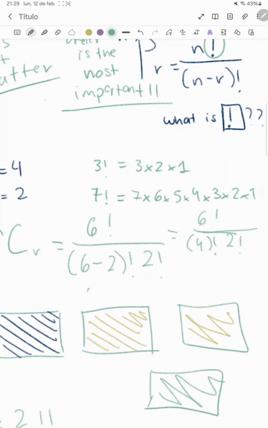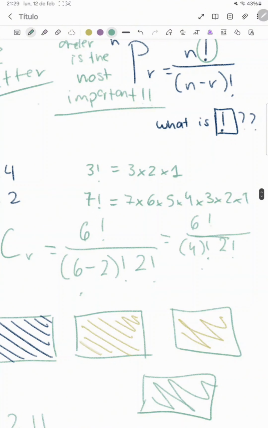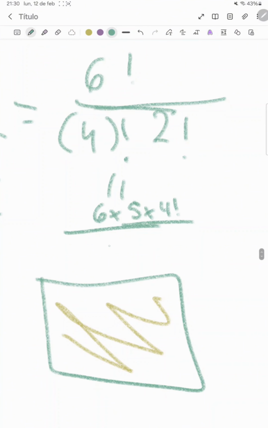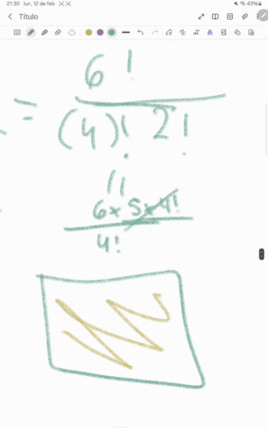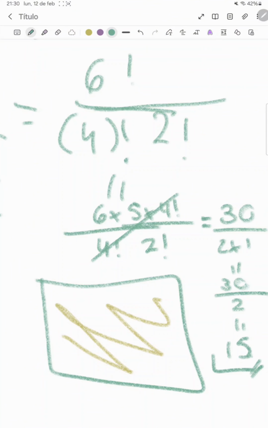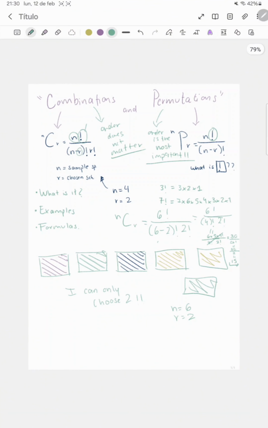To solve this, we basically go 6 times 5 times 4 factorial, and then we have this 4 factorial in the denominator. These two cancel each other, and we have 2. So now we have 6 times 5, which gives us 30, over 2 times 1, so 30 over 2, which gives us 15. So we have 15 total combinations in which I can choose these gift boxes.